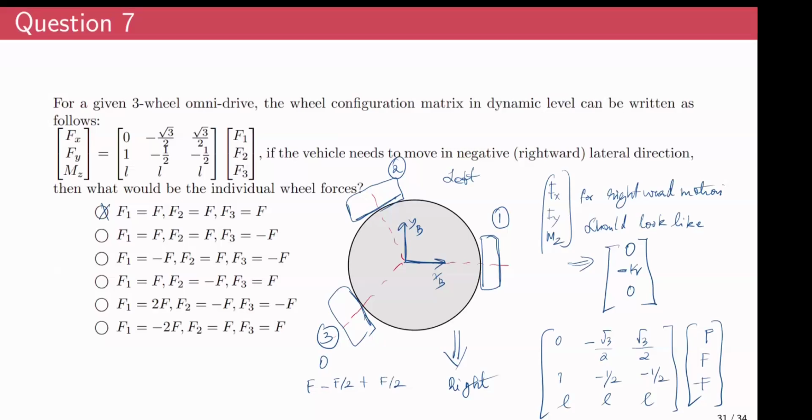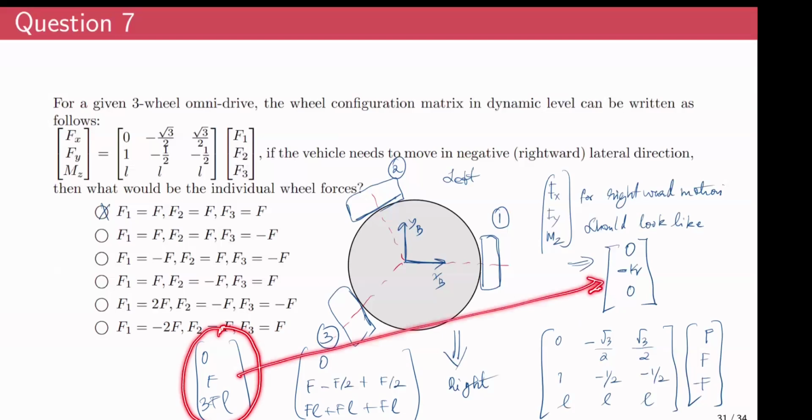And the third term would look like FL plus FL plus FL. So this would turn out to be 0, 0 F, and 3FL. I hope I'm correct on that. So this is our fx, fy, mz vector, and this is not what we want, right? So we can eliminate the second option.